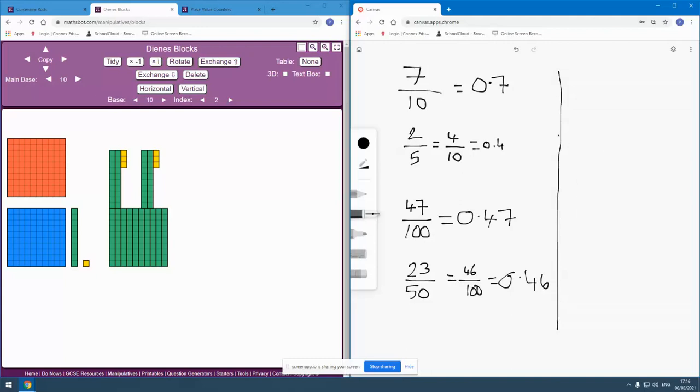And it's a fairly small leap to get to things like this, where of course we might have slightly more issues with something like 5/8.